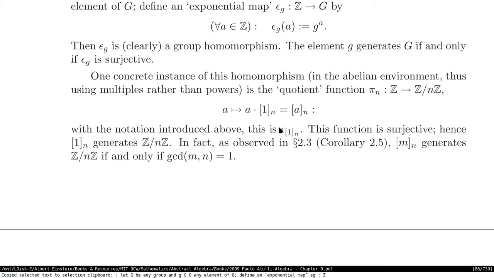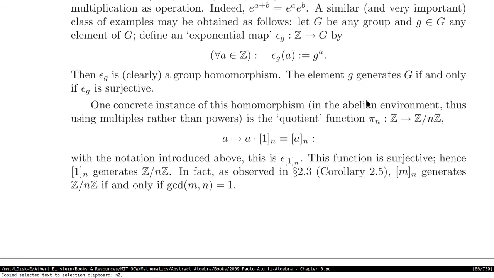And so what that gives you is an element a, right? So this is an equivalence class in nZ. So this quotient function takes you from an integer and gives you this power of these multiples. Interesting.